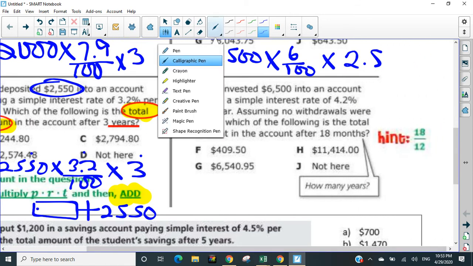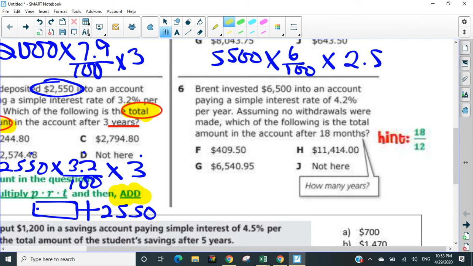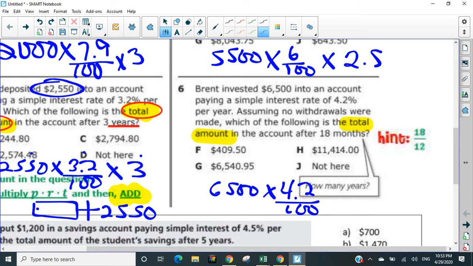Next step, do number 6. So here, again, total amount. So we got to do an extra step. 6,500 times 4.2 out of 100 times 18 months. I give you a hint right there.